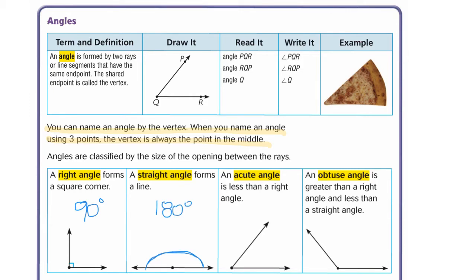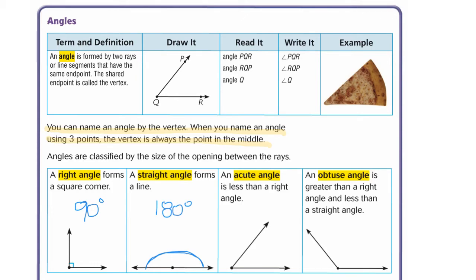An acute angle, last year, I think you called it an angle that's less than 90 degrees. So an acute angle is less than a right angle. It's not just one particular degree measure.